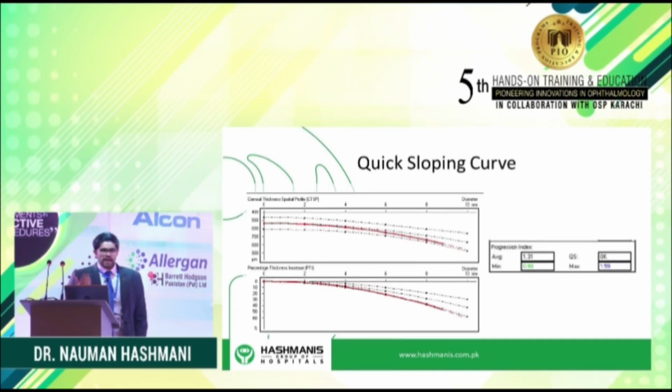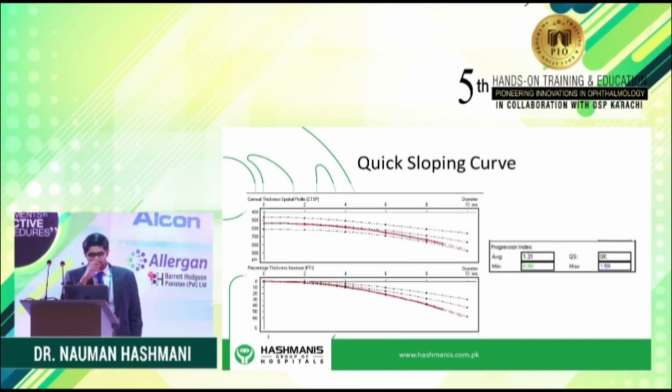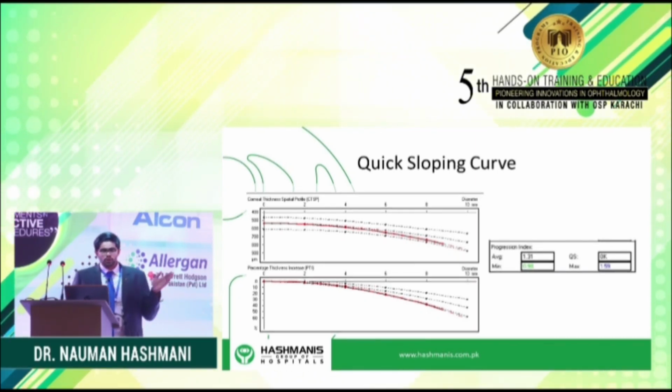Alright, so just the types of curves that we can see on thickness progression, right? So you've got a quick sloping curve. So what does that mean? For a quick sloping curve, you only want to analyze the data before the 6 millimeter mark, and then you want to see the curve leaving this normal curve quicker than you would expect it, right? So if you see, it's following this very well, but then here it tends to fall down.